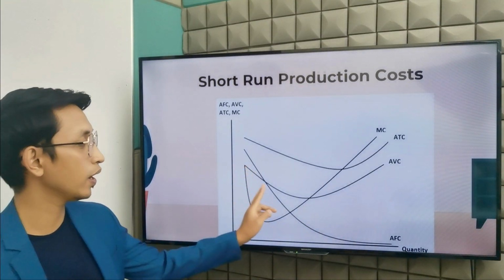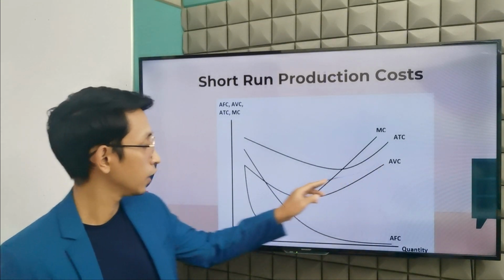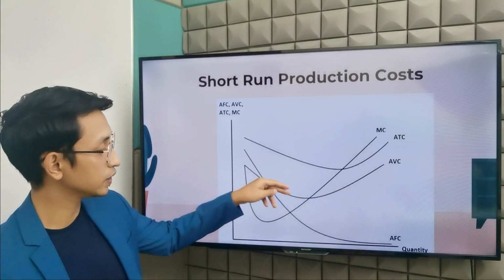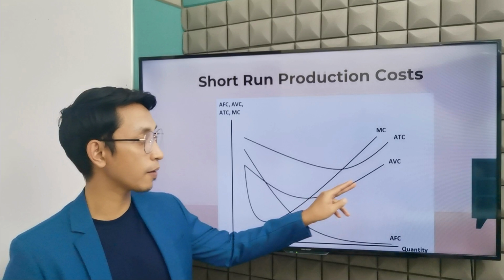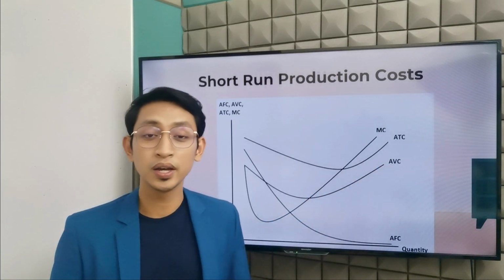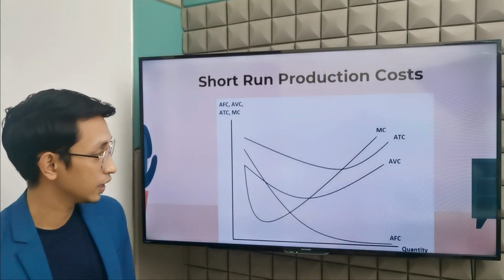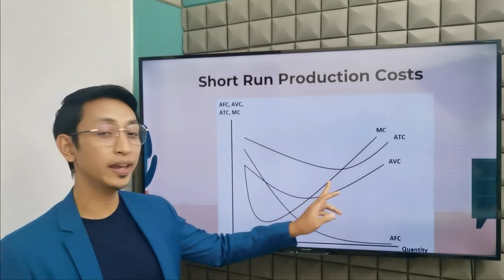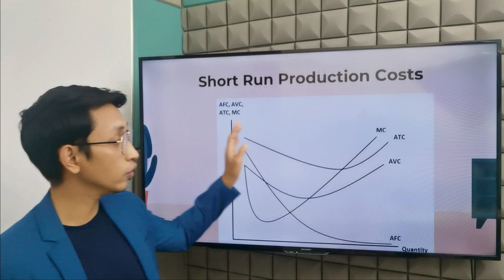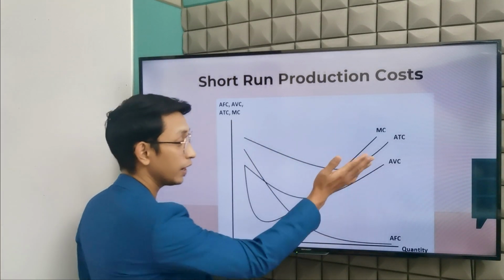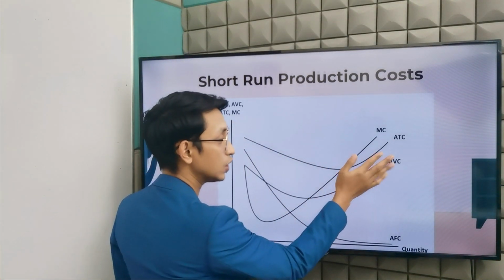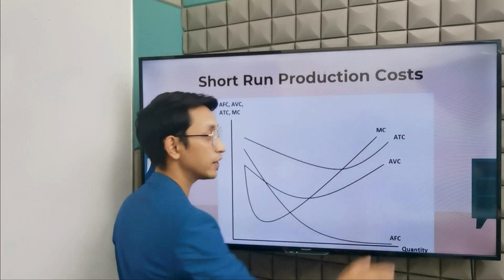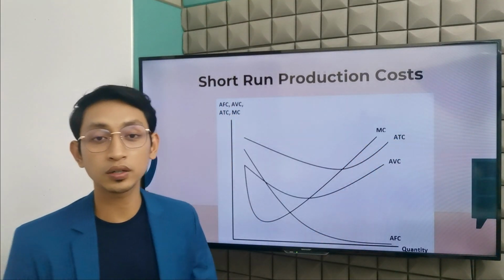Average variable cost will have a U shape like this. First, average variable cost will decline, and after that, it will start to increase. Average total cost will follow the shape of AVC, but the AVC will approach the average total cost curve.